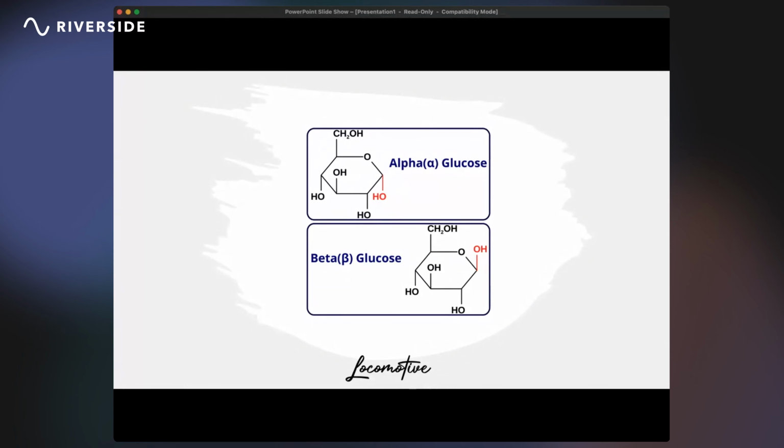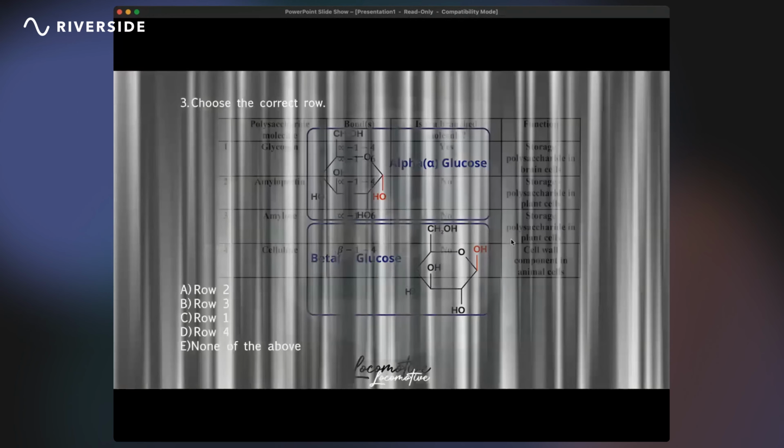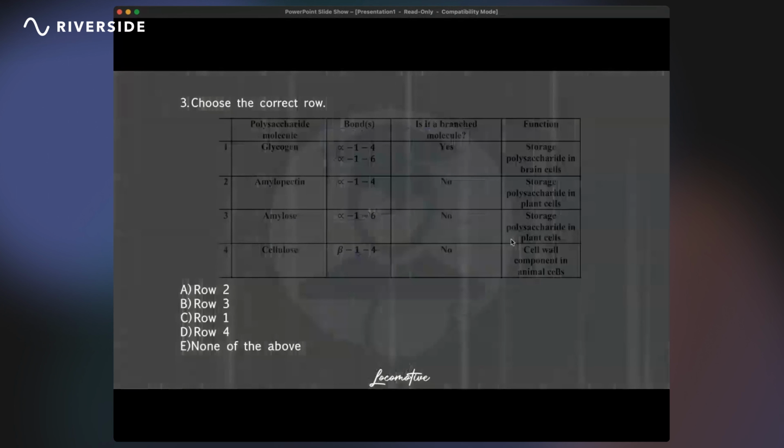Perfect. Let's go and discuss question number 3. It's very important. I'm going through each row and we will discuss them. The first one, the polysaccharide molecule is glycogen. What's the function of glycogen? Glycogen is a storage polysaccharide in the human body, in animals.